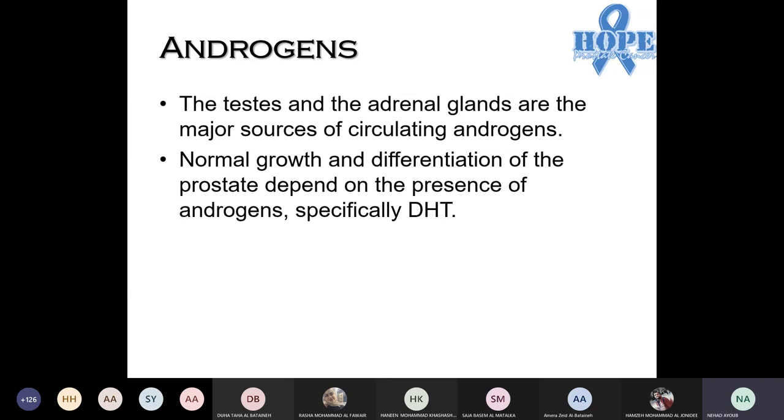The treatment is highly dependent on whether we are dealing with an androgen-dependent, hormone-sensitive tumor or an androgen- or hormone-independent cancer. If we talk about prostate, we talk about androgens, which are the main sex hormone in the male subject.